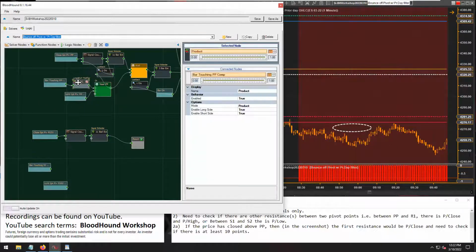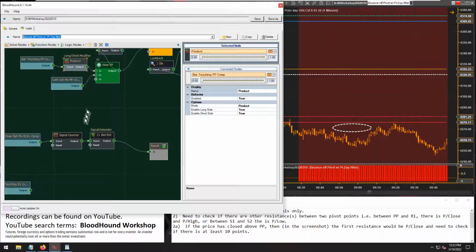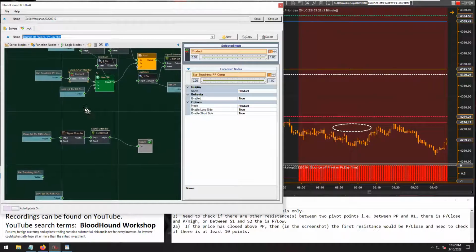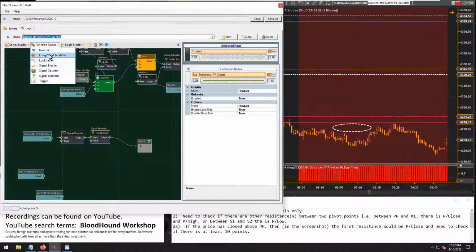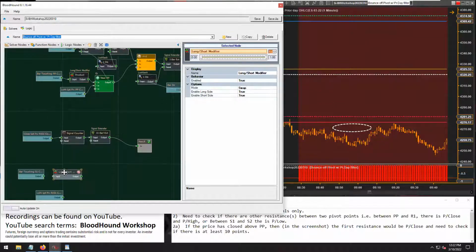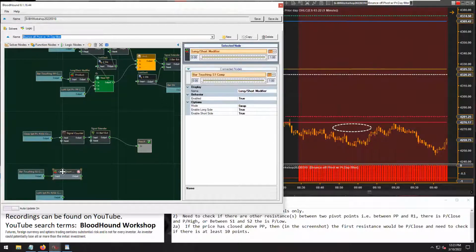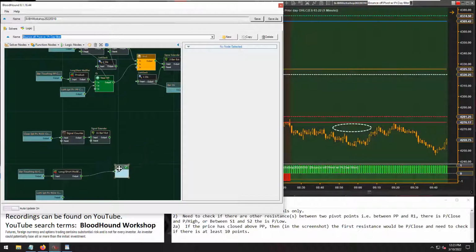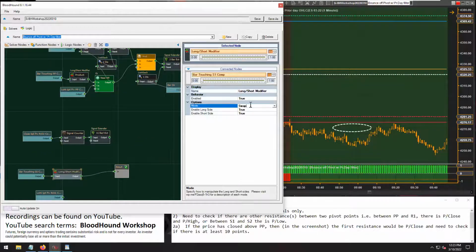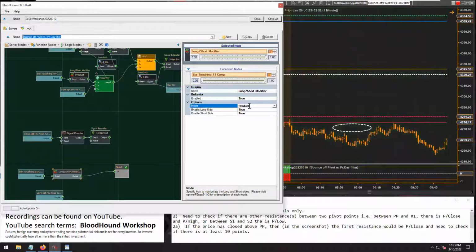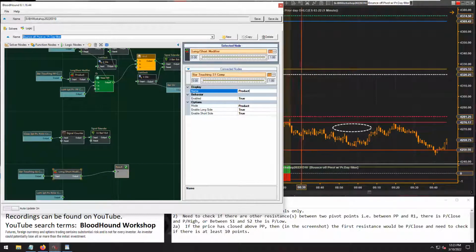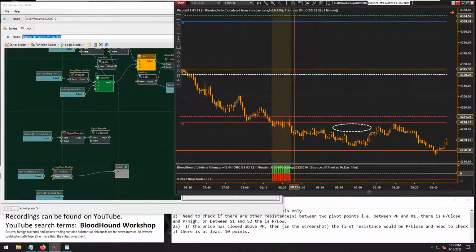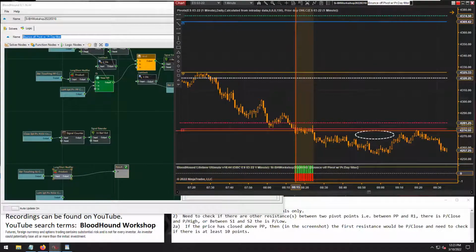We needed this long short modifier, so let's grab a long short modifier. Connect that in, connect that up. And remember, the mode is set to product. So there we go. When bars are actually touching S1, there's our long and short output.